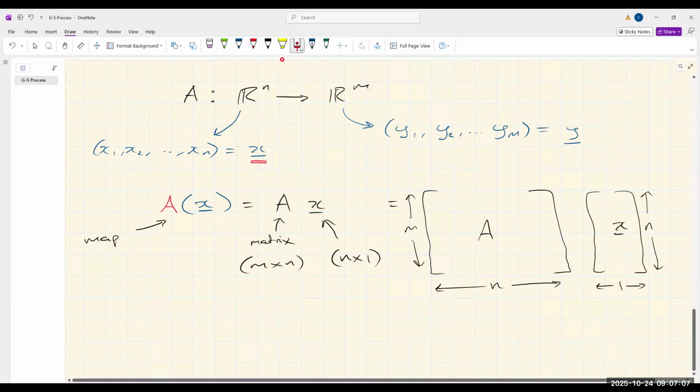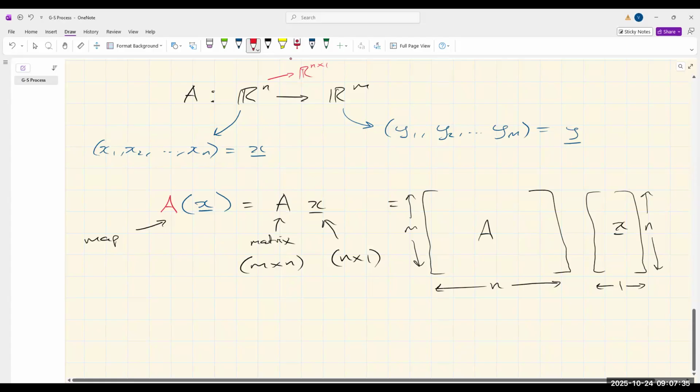You're saying, but hey, shouldn't it be the opposite? Doesn't it have 1 row and n column? And you're absolutely right. This does have 1 row and n column. Technically, I should have written this as R^(n by 1) instead of R^n to show that it's a column of numbers.